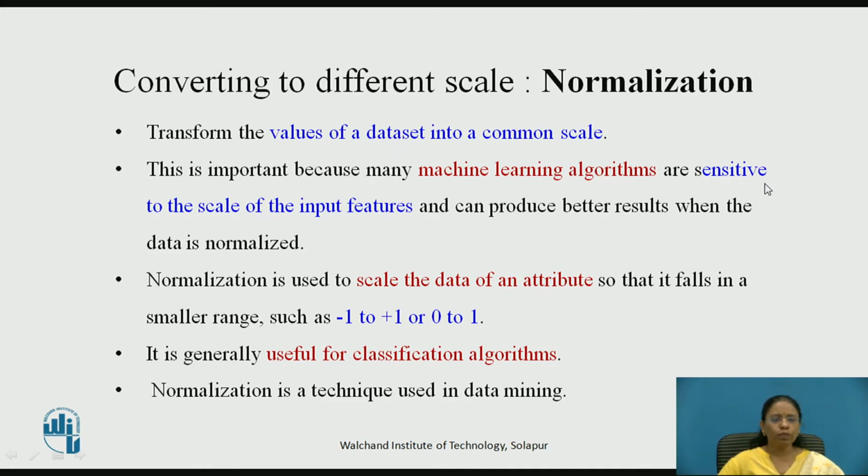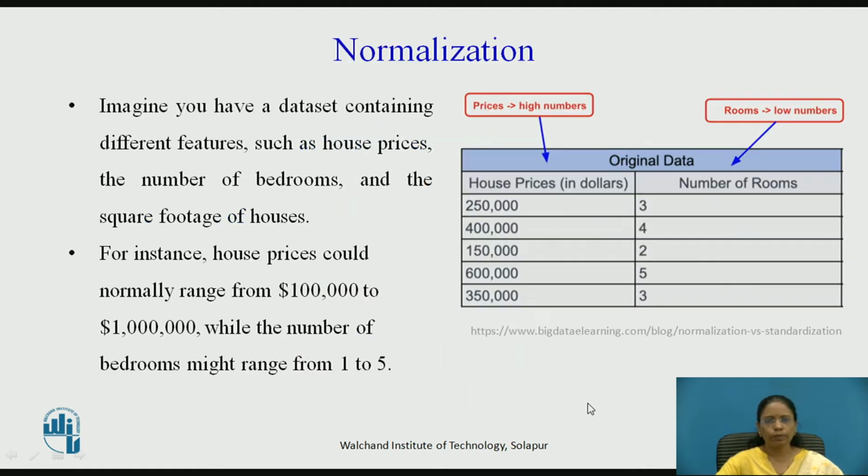Because machine learning algorithms are sensitive to the scale of the input features and can produce different results when the data is not normalized. Normalization scales the data of an attribute so that it falls in the range between -1 to +1 or from 0 to 1. It is generally useful for classification algorithms, and normalization is a technique used in data mining.